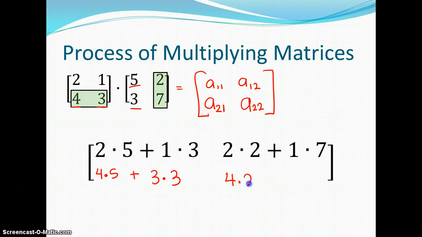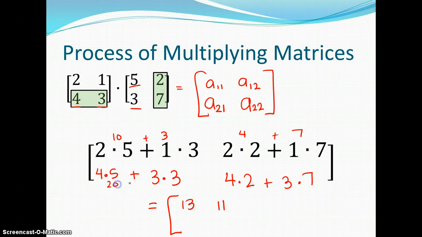So 4 times 2 plus 3 times 7. We simplify this to give our final answer. We have 10 plus 3, so 13. We have 4 plus 7, so 11. We have 20 plus 9, so 29. And we have 8 plus 21, so 29 again.